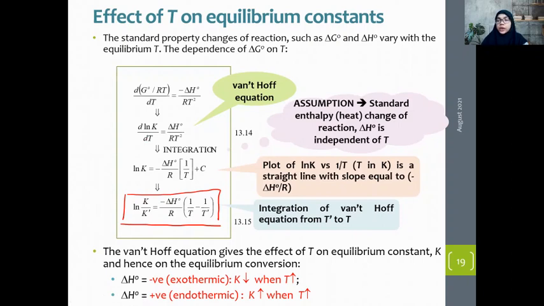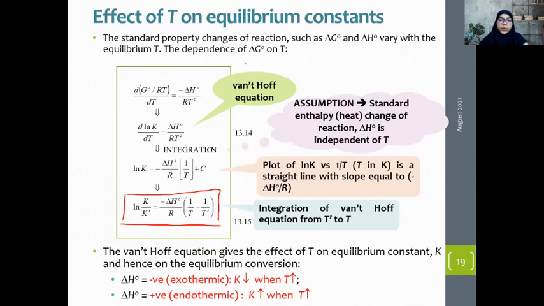Okay, the Van't Hoff equation describes the correlation between the equilibrium constant and the Gibbs energy. The Van't Hoff equation gives the effect of the temperature on the equilibrium constant, thus it also affects the equilibrium conversion.